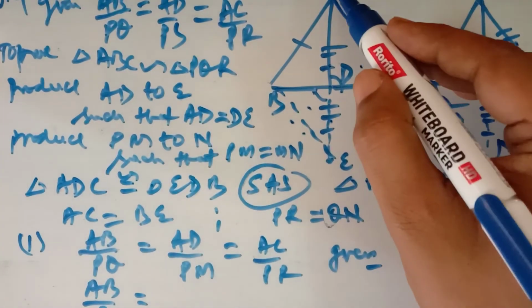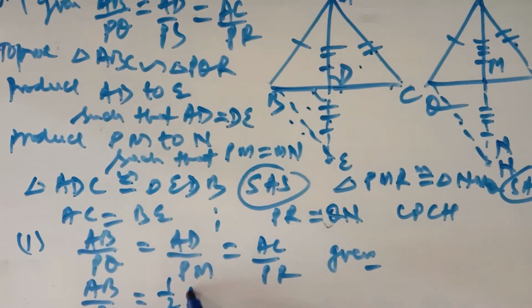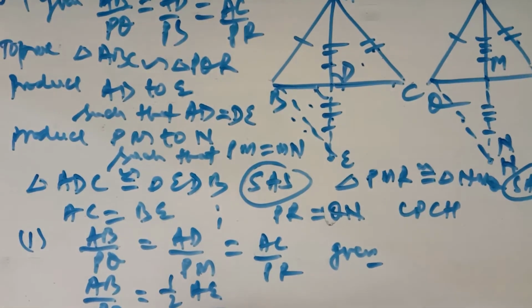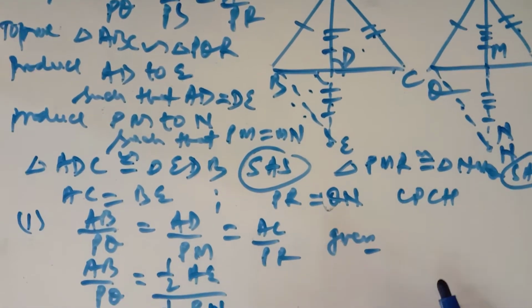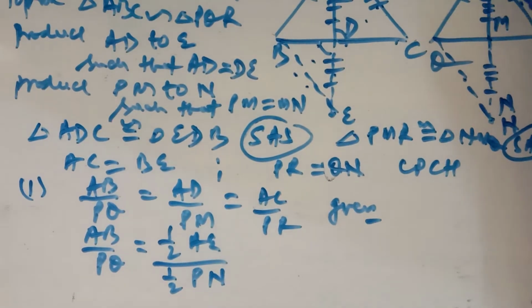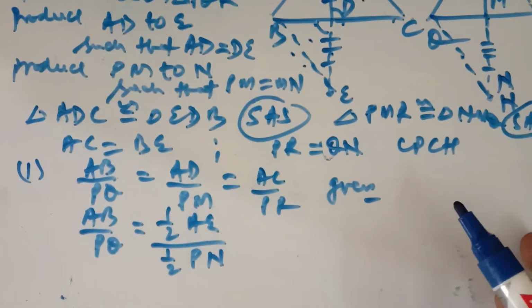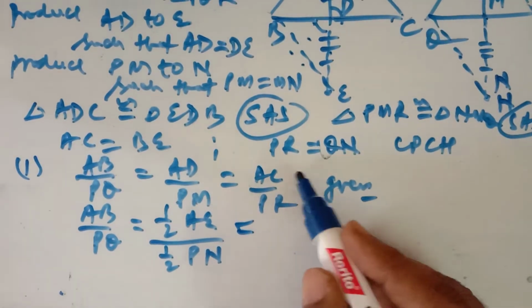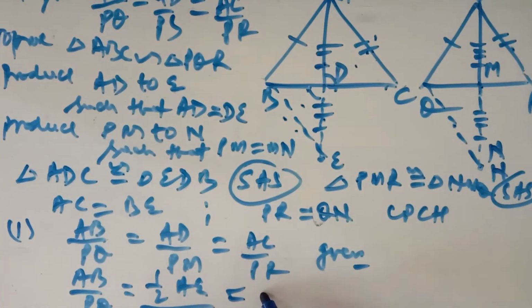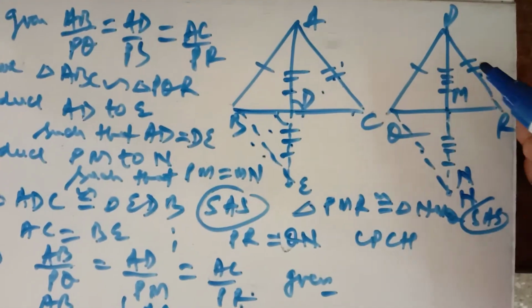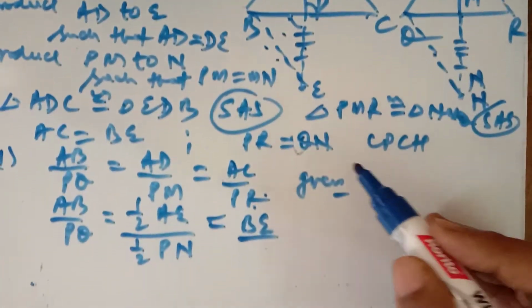Now AD is half of AE, and PM is half of PN. It is very important: we had made M and D the midpoints. And in place of AC you can write BE, and in place of PR you can write QN. We had already proved this.